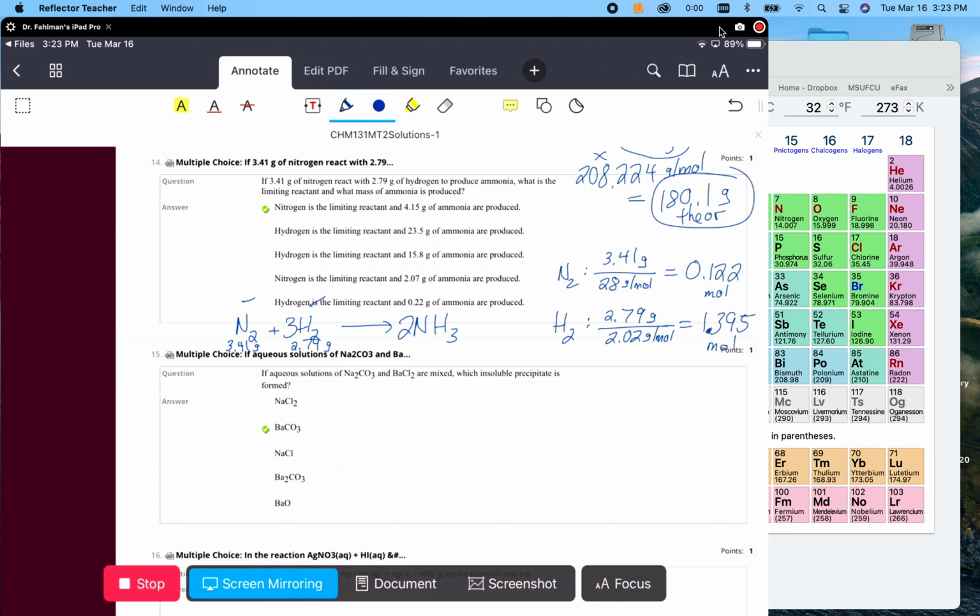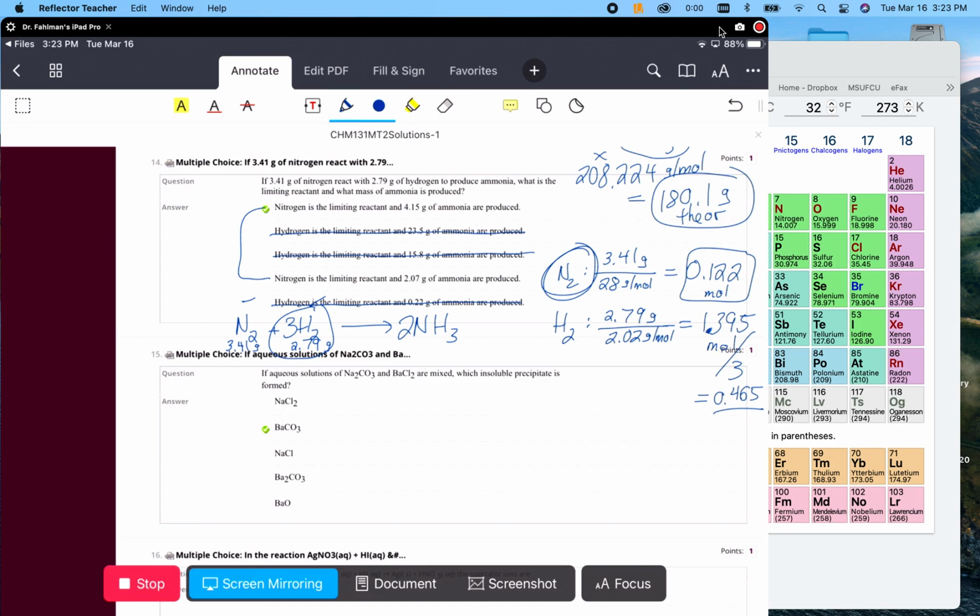Okay, and so we have to divide the hydrogen by 3 and then compare. I think you can see that it's still going to be bigger than the other one. So you get 0.465, which is still larger than the other one. So that means nitrogen is the limiting reagent. Okay, so right away you can say nope, nope, and nope. Okay, so it really boils down between these two.